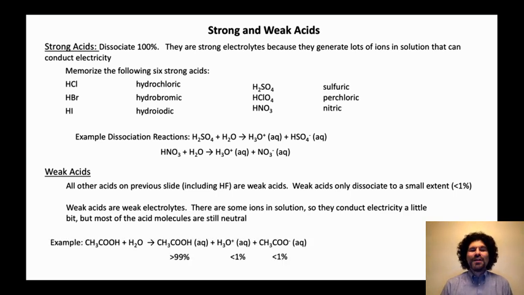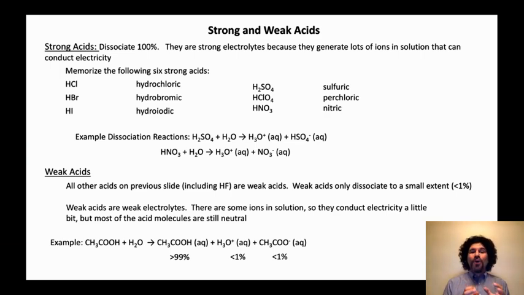Okay, so an example of a weak acid dissociating when you put it into water, acetic acid plus H2O. Greater than 99%, in fact, much, much greater than 99% of that acetic acid remains unchanged and simply becomes an aqueous solution, acetic acid dissolved in water.